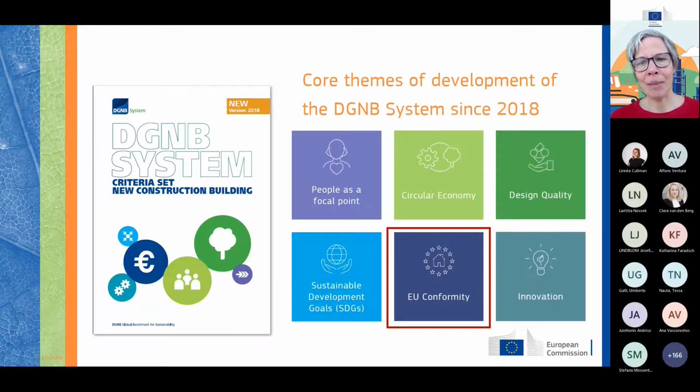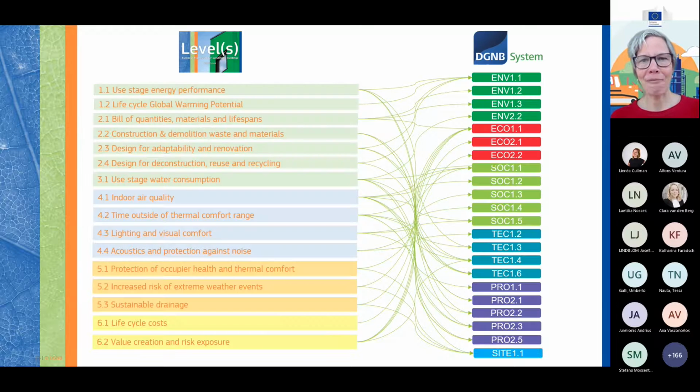Since we have not redesigned the whole DGNB system, but rather integrated the Levels indicators into the system, you see that it is quite a mixture of where the indicators of Levels get into the criteria of the DGNB system.